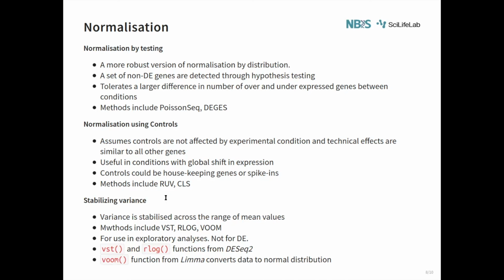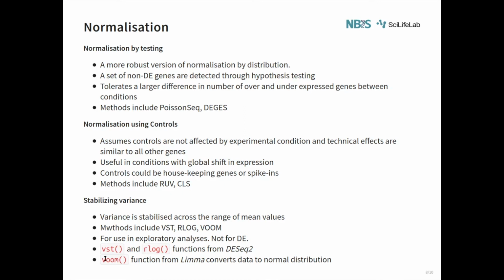And the idea with variance stabilizing transformation is that you fix this issue so that the data is more suitable for analysis such as PCA or clustering and so on. And DESeq2 has two functions that help you to create such data, variance stabilized data.